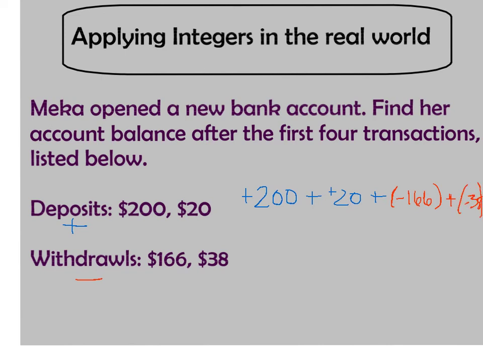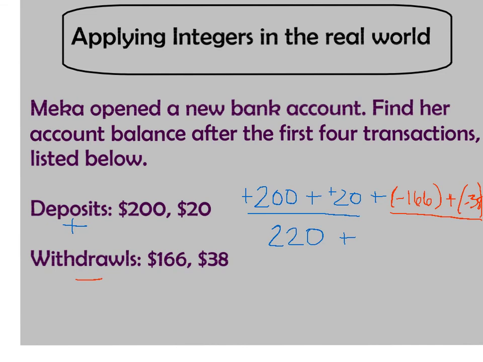And what we can do, because this is a large string, is we can add together our positive values first. So 200 plus 20 is 220. And then add that together with our negative ones. And I can add anything in any order if it's all addition.